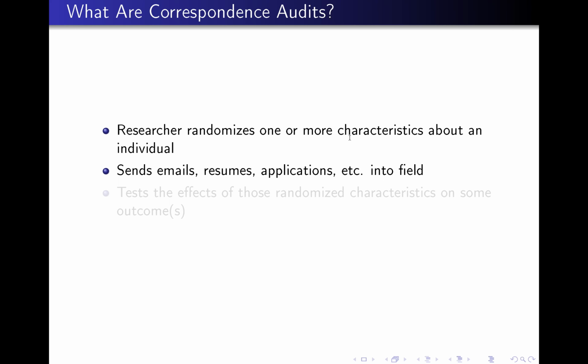So you're interacting with real people to try to capture their decision making process. And so you're going to test the effects of those randomized characteristics on some sort of outcome. For instance, in an employment audit, you might test whether or not employers respond to people with an offer for an interview.